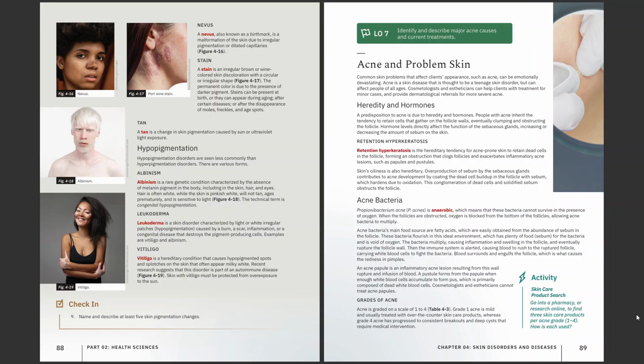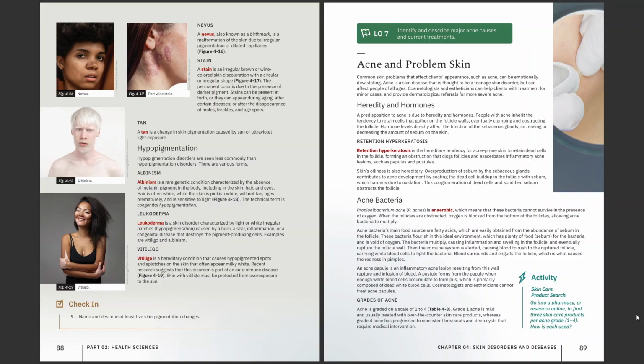Heredity and hormones. A predisposition to acne is due to heredity and hormones. People with acne inherit the tendency to retain cells that gather on the follicle walls, eventually clumping and obstructing the follicle. Hormone levels directly affect the function of the sebaceous glands, increasing or decreasing the amount of sebum on the skin.